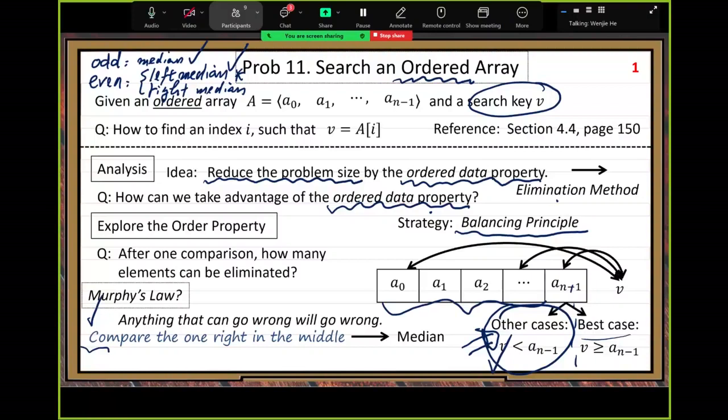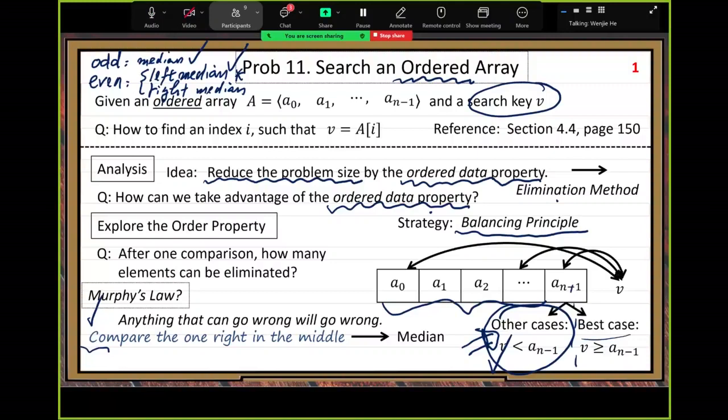In different contexts, the balancing principle has different meanings. In engineering, there is a balance principle regarding input and output: the input and output should have the same amount of substance. That kind of balance property.